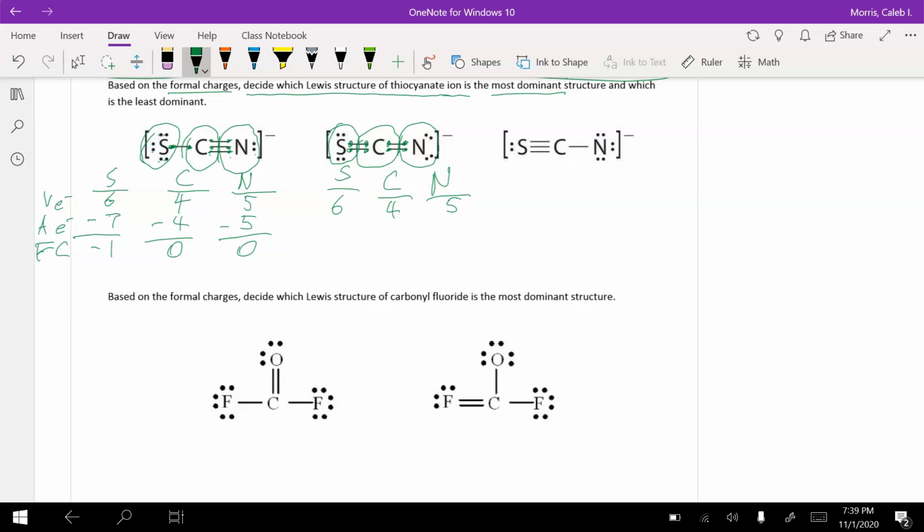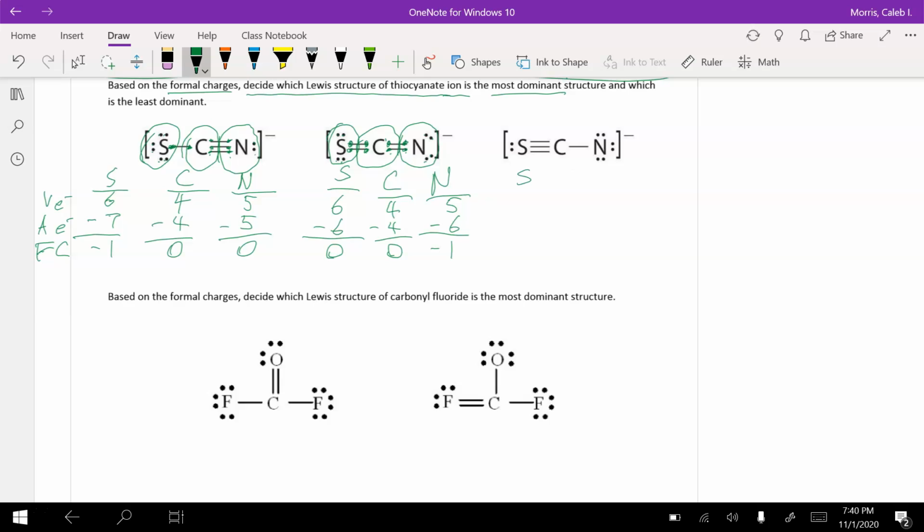So sulfur has 1, 2, 3, 4, 5, 6 assigned electrons. Carbon has 1, 2, 3, 4 assigned electrons. And nitrogen has 1, 2, 3, 4, 5, 6 assigned electrons. So we have 0, 0, and negative 1. It's the same formal charge, actually, in this case, as the other one.